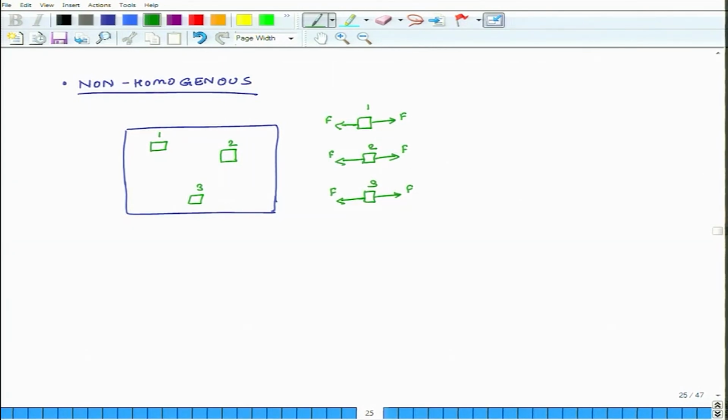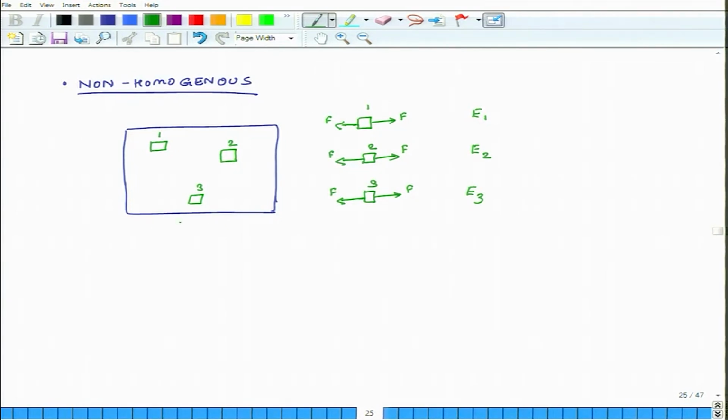When I do a tensile test from location 1, let us say I get modulus E1, from location 2 I get modulus E2, from location 3 I get modulus E3.